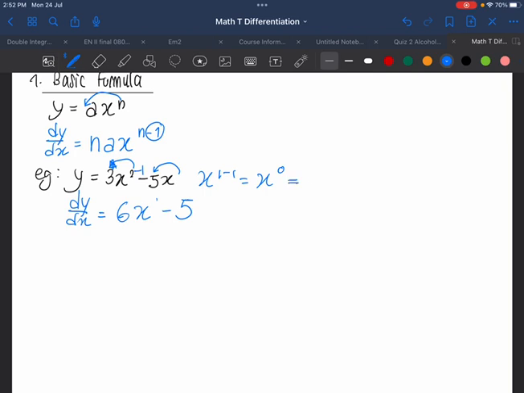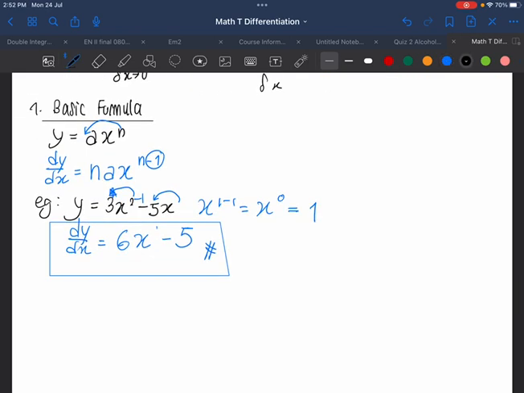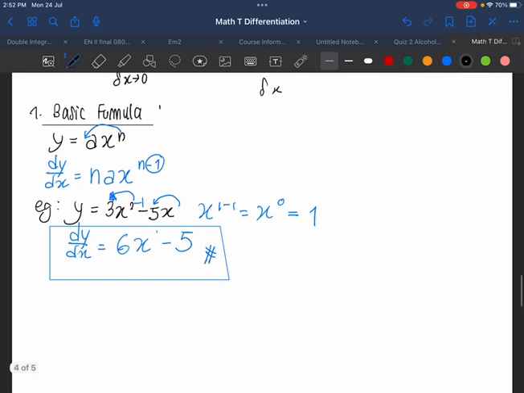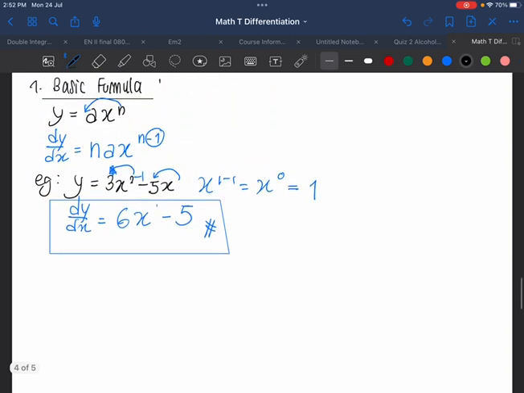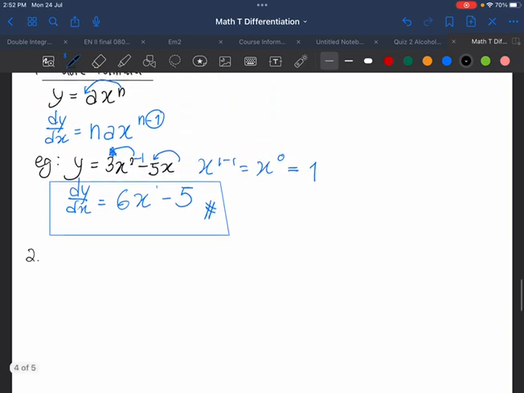Anything to the power of 0 equals 1. I hope you all understand. This is the same answer as when we use the first principle. Hence, we know this formula is derived from the first principle. How the derivation works is not important for your syllabus, so I won't talk about it.